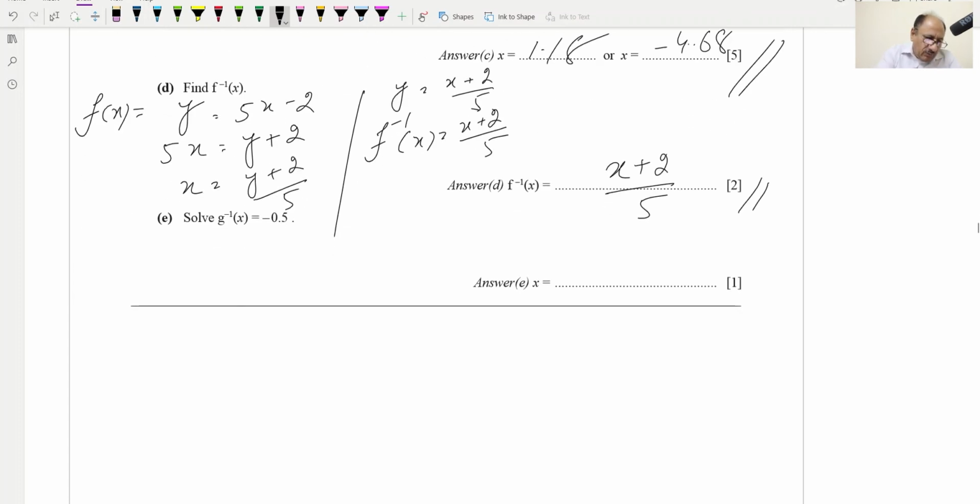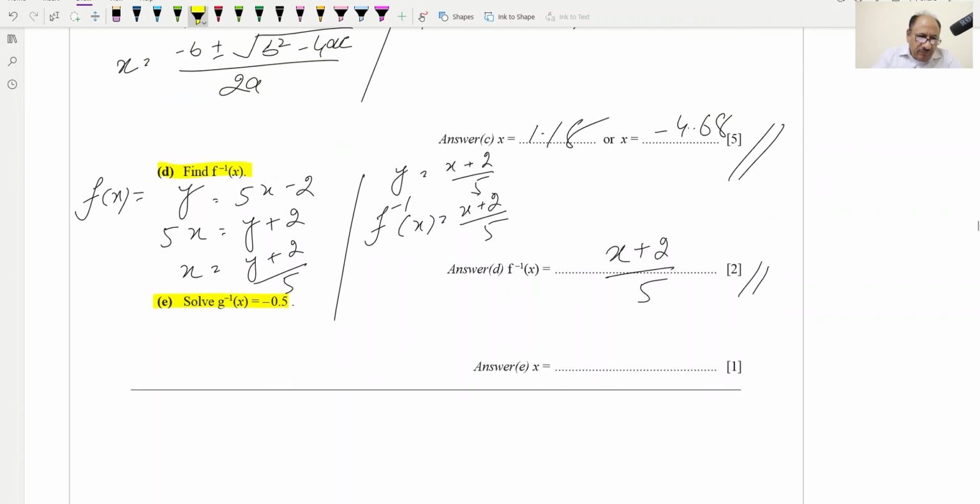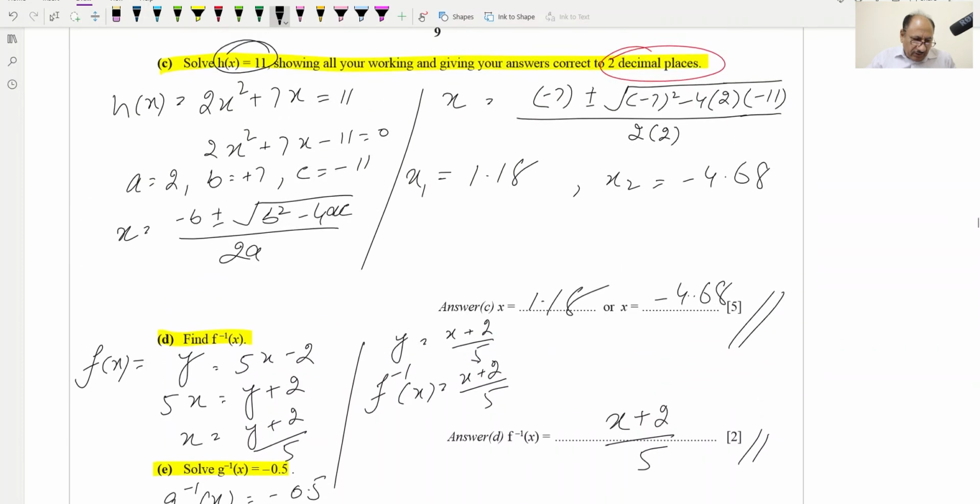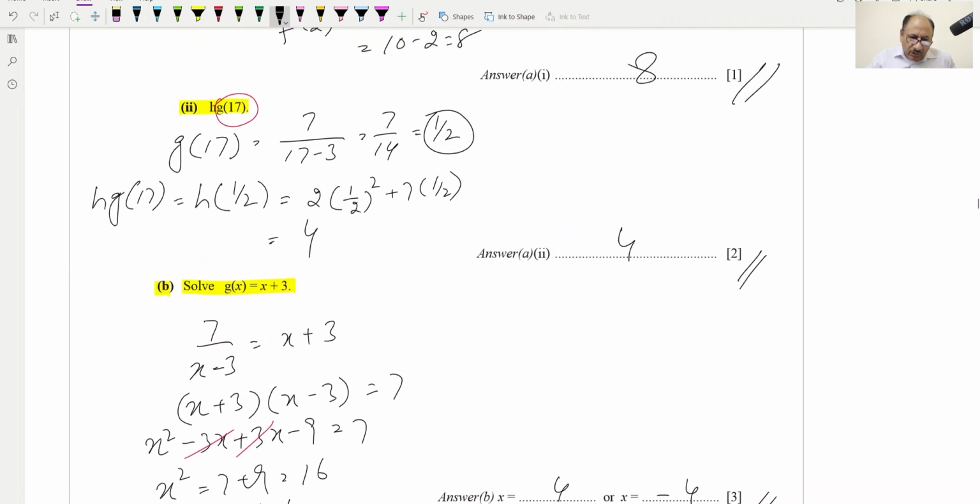Now they are saying solve g inverse of x, which basically is equal to minus 0.5. So g inverse of x is equal to minus 0.5. So x will be equal to what? G of minus 0.5, and we will replace x with minus 0.5 in g of x, and g of x is provided over here.